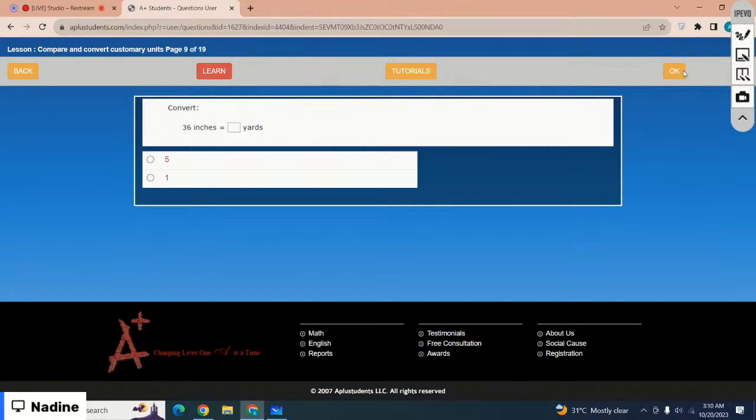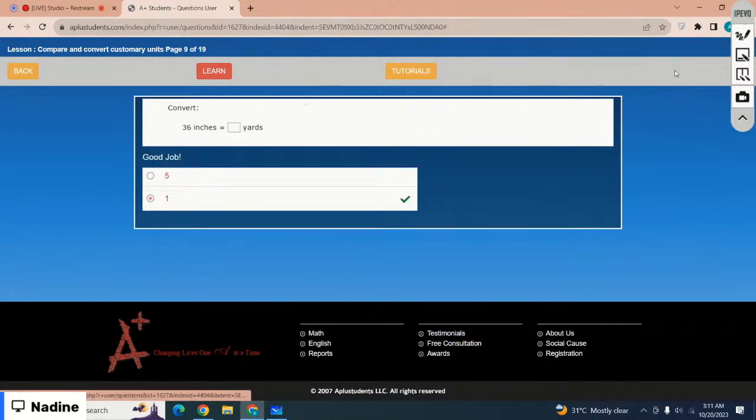Convert 36 inches equals how many yards? 36 inches equals 1 yard. The correct option is 1. That means in 1 yard you have 36 inches.